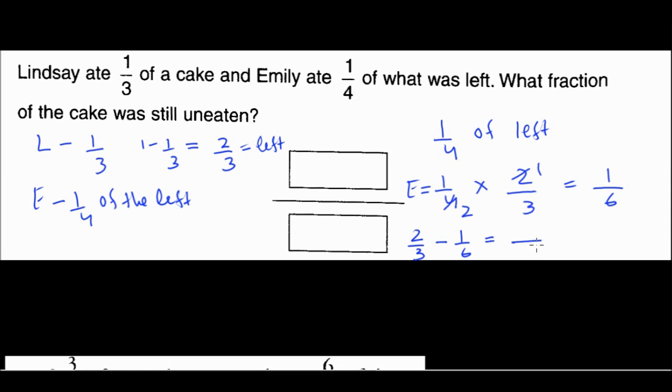So 3 and 6, the common denominator for that actually should come out to be 6, and you should try this yourself, that this would be 4 minus 1, which is 3/6, or 1/2. 1/2 of the cake is left. Right? So again, asking for the same thing but in a different way.